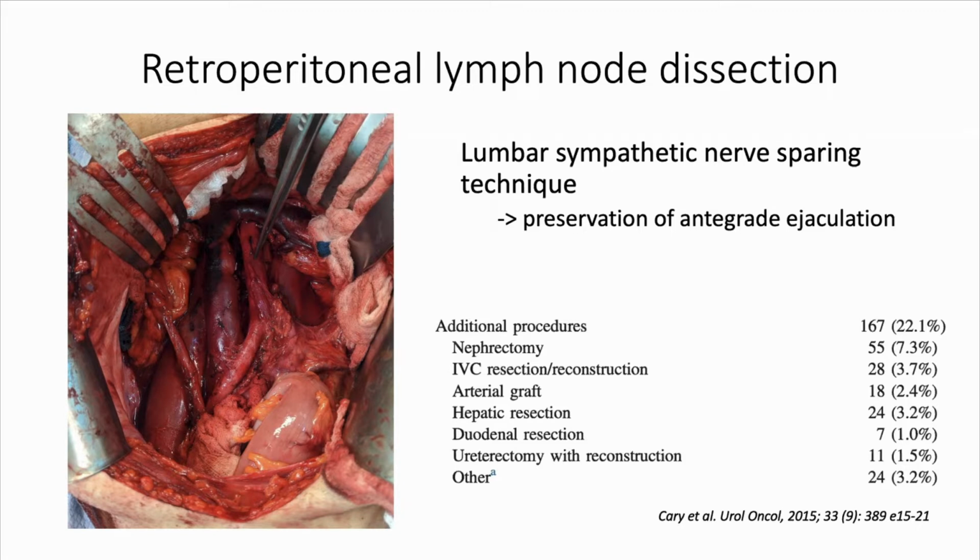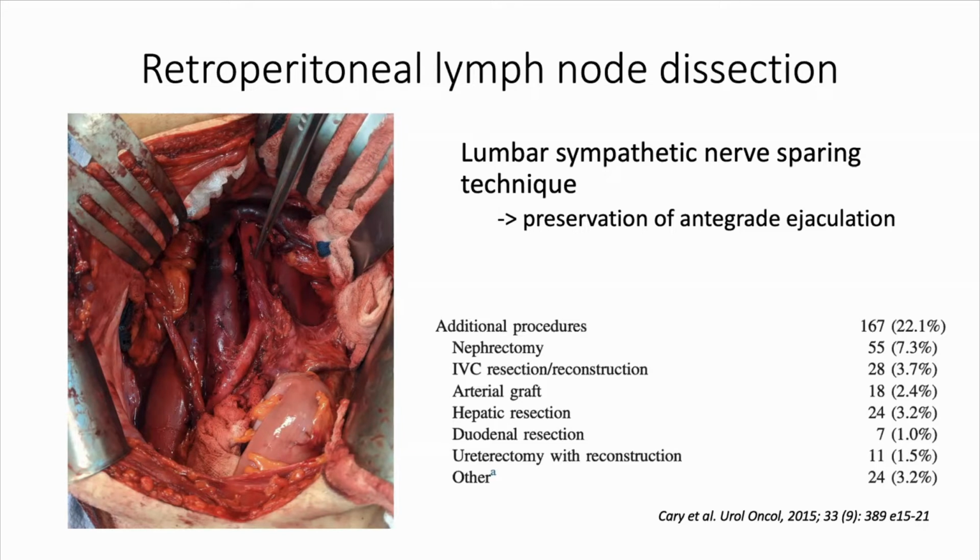We also aim to do lumbar sympathetic nerve sparing by identifying at least 3 nerve tracts that come from behind the cava medially into the interaortocaval space to preserve antegrade ejaculation. At the end of the procedure, we usually remove the gonadal vein from the affected side also.